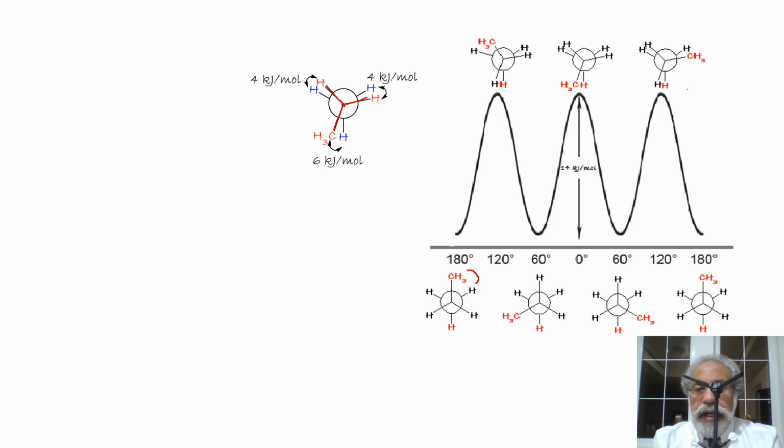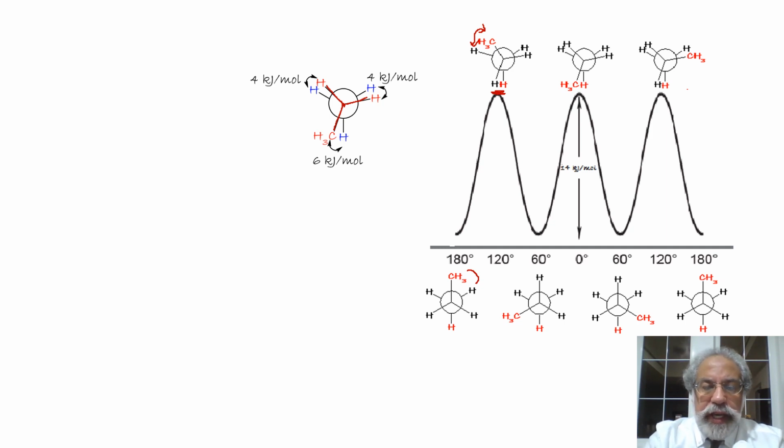Now if we rotate 60 degrees, CH3 and hydrogen will have 0 dihedral angle and that is an unstable, higher energy conformer.